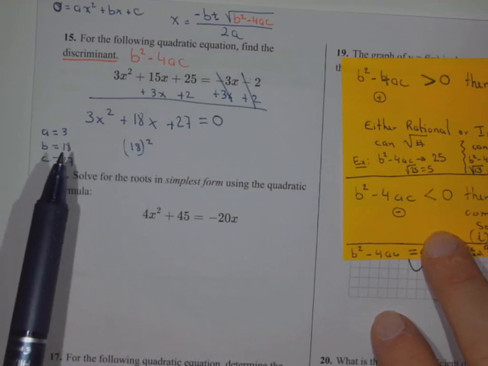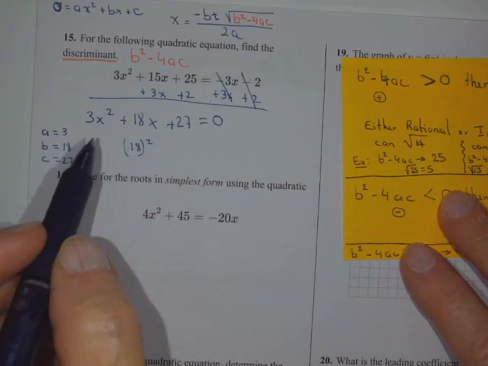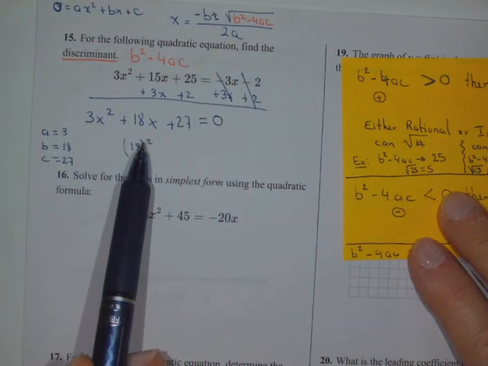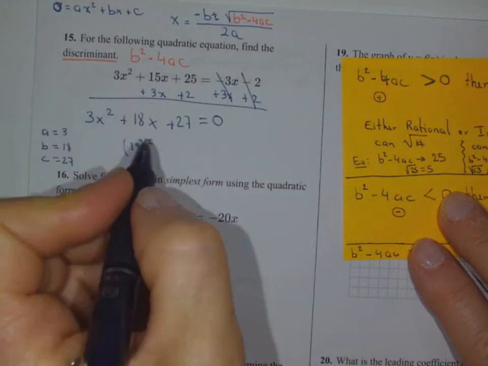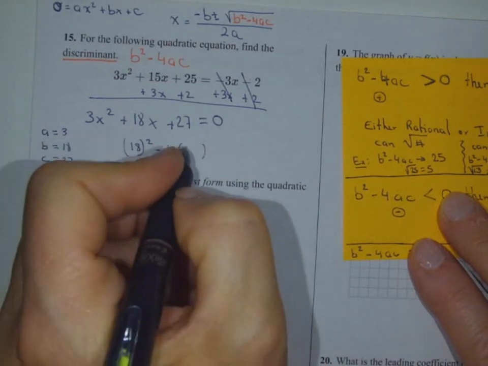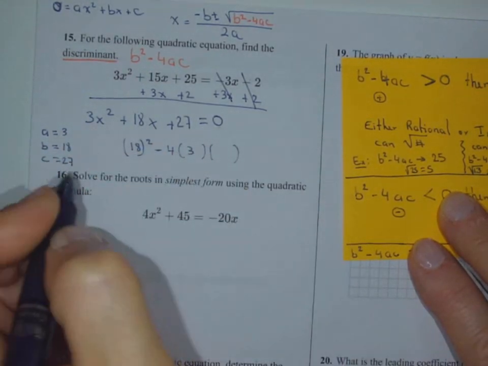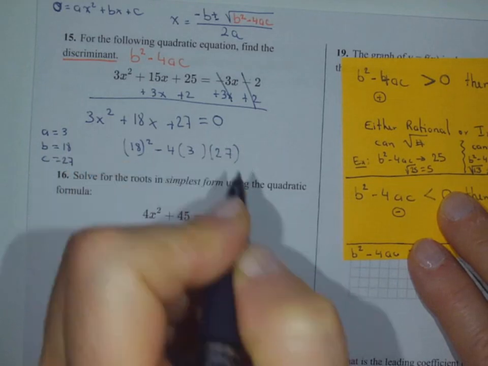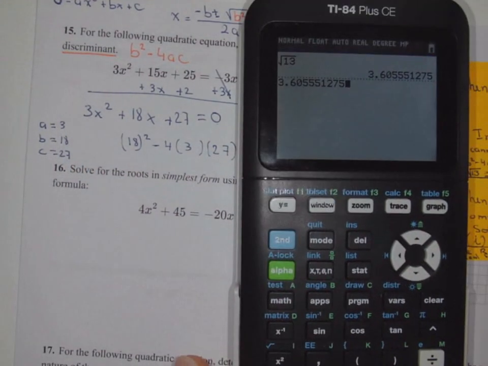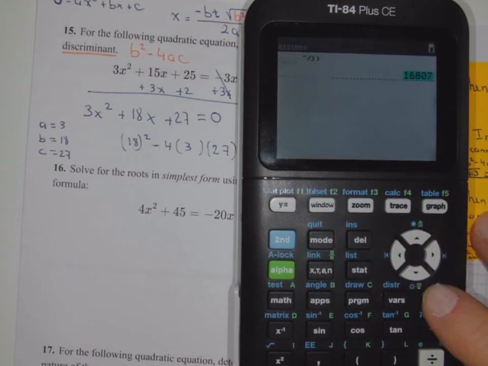Put your parentheses around your numbers before you square them, especially for the discriminant here or the quadratic formula. So 18 squared, my b squared, then minus 4 times the a, and a is 3, times the c, and c is 27. Okay, I'm going to get my calculator, and I'm going to type that in there.